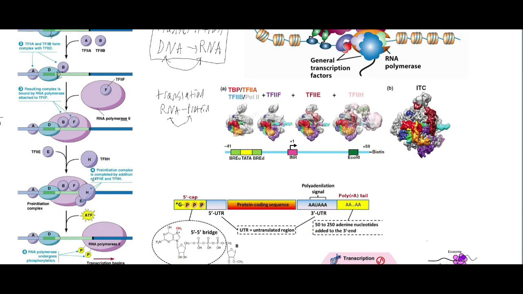And so we recruit the TF2E and TF2H. And then we have what's here called the pre-initiation complex. We have all our transcription factors recruited.